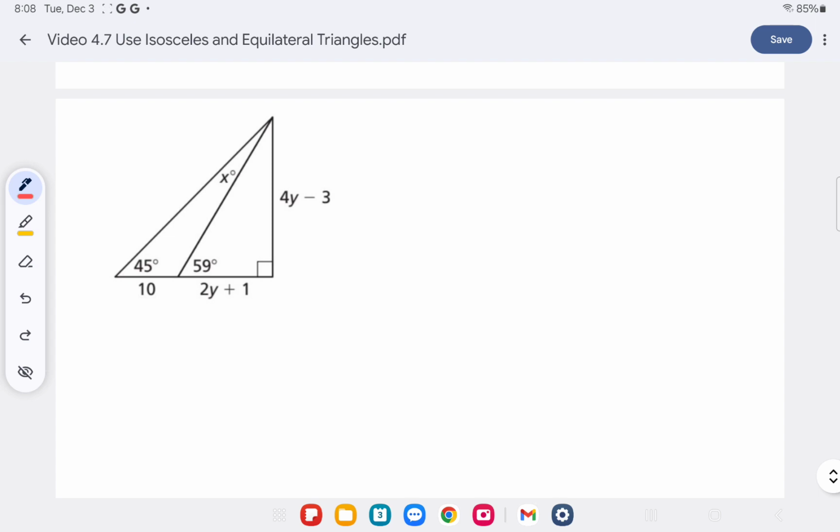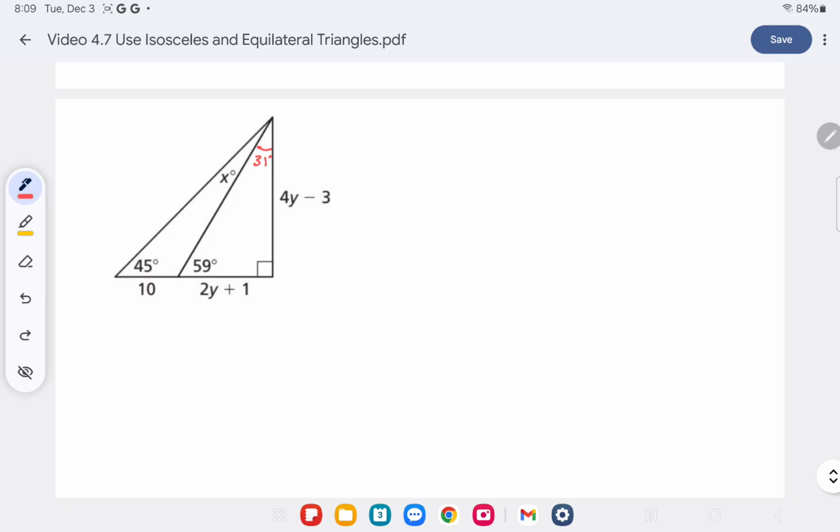So we can use that information first to find this top angle over here. Because we know the other two angles in that triangle are 59 degrees and 90 degrees, which would make this angle 31 degrees, so that they add up to 180.